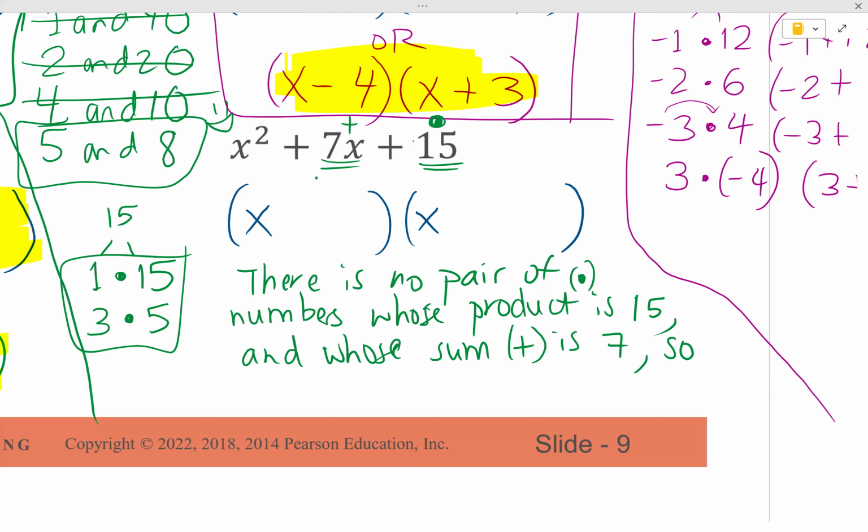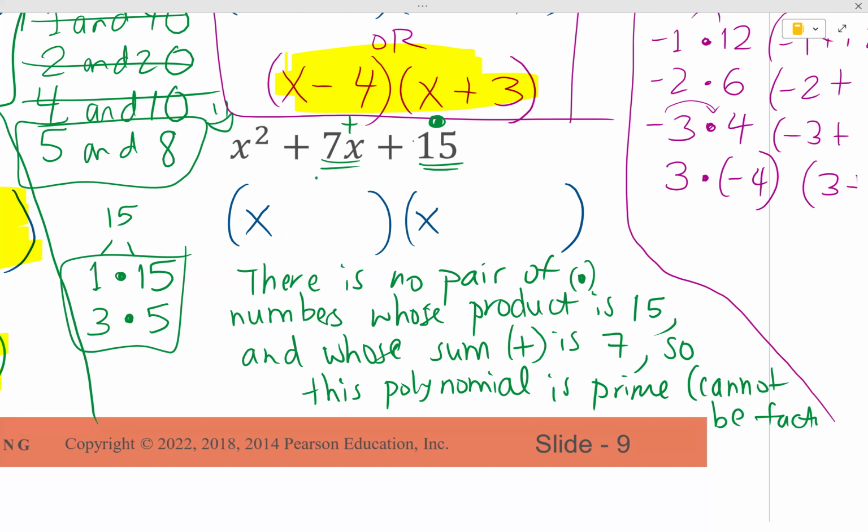So this polynomial, the one that we were given, is prime. In other words, it cannot be factored. That's it.